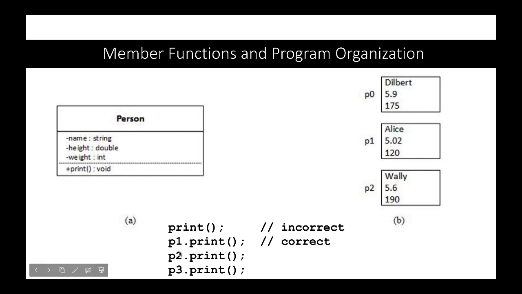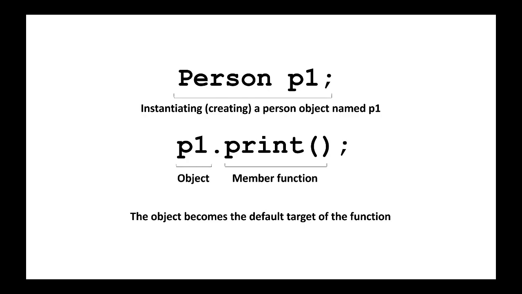This should be 0, 1, and 2 to match up with these. However, you get the point. You must bind your function call to an object. This is a class function, so that class binds it to that object, and then it will have access to that particular object's member variables.